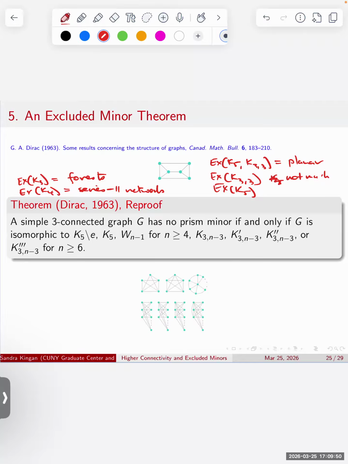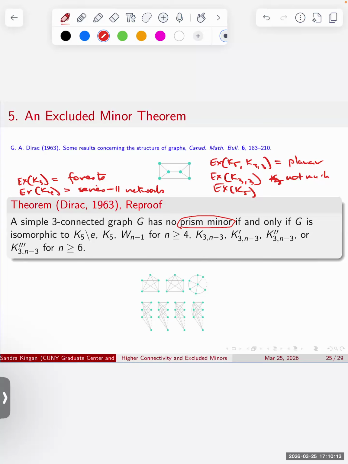Anyway, in 1963, Dirac gave this beautiful result. It is really a beautiful result. If you exclude K5 delete E, you get a nice class, but if you exclude the prism, it's essentially the next most complicated thing to look at. I mean, you're dealing with all these small ones.